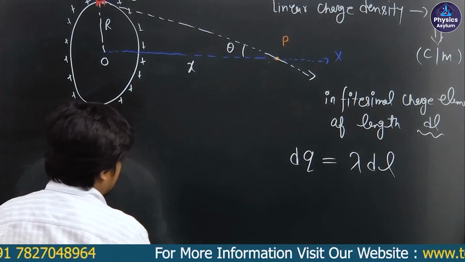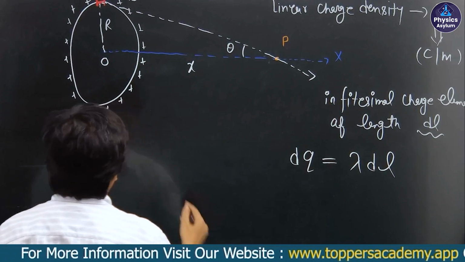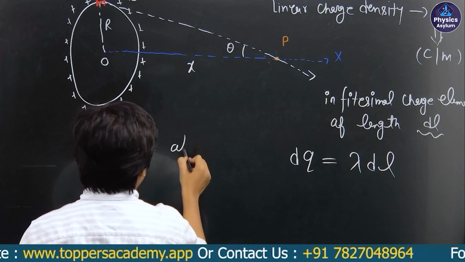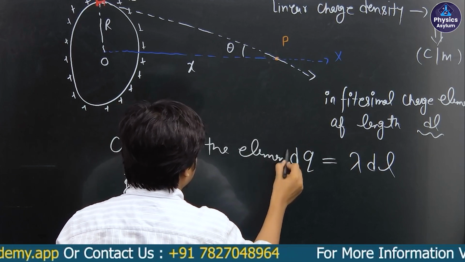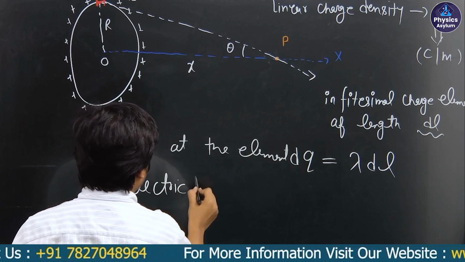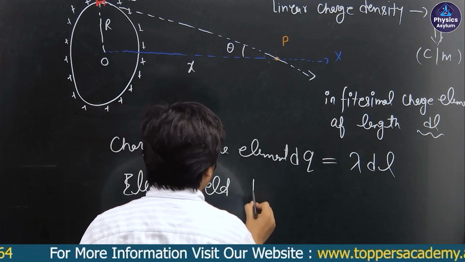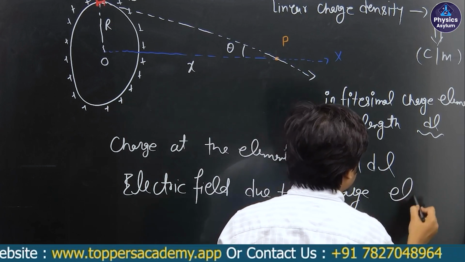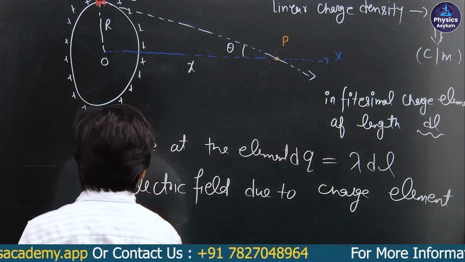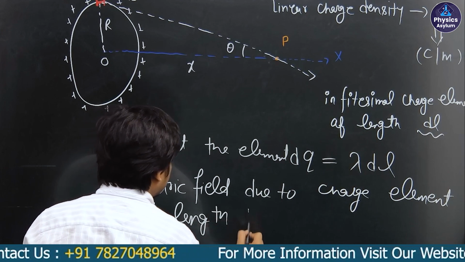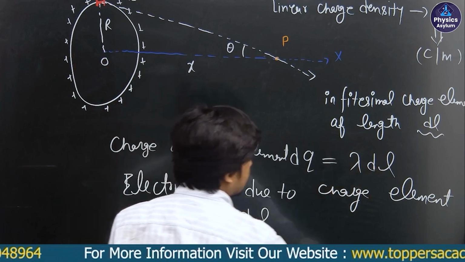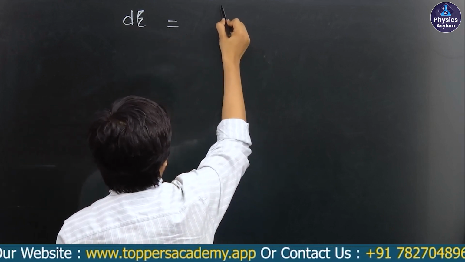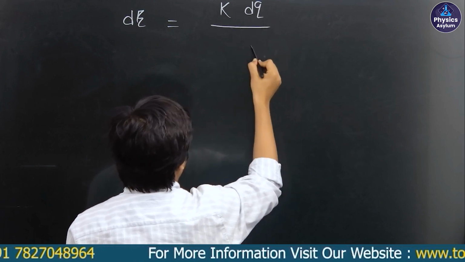Now if I want to write the electric field due to this charge element, as this charge element of length dl is having this much charge, I can write that the electric field due to this charge element will be equal to k dq divided by r square.